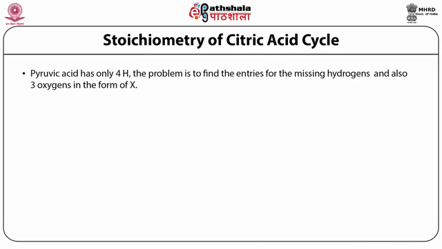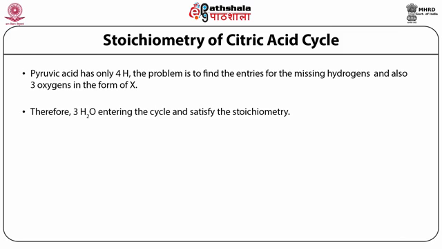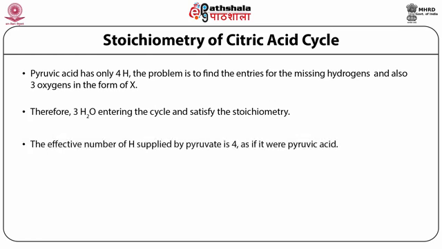Pyruvic acid has only 4 hydrogens. The problem is to find the entries for the missing hydrogens, and also 3 oxygens in the form of water. Therefore, 3 waters enter the cycle, satisfying the stoichiometry. The effective number of hydrogens supplied by pyruvate is 4, as if it were pyruvic acid.